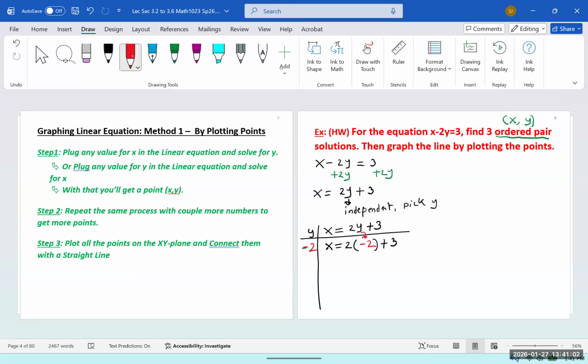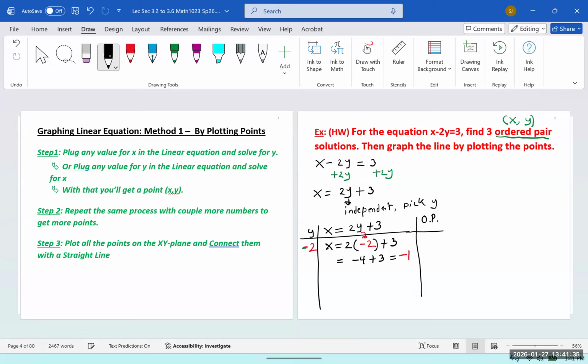So 2 times -2 is -4, plus 3. And who can tell me what is -4 plus 3? -1. Good job. So you pick -2 for y, you substitute it, and you see your x value is -1. So that gives us the ordered pair they're looking for.